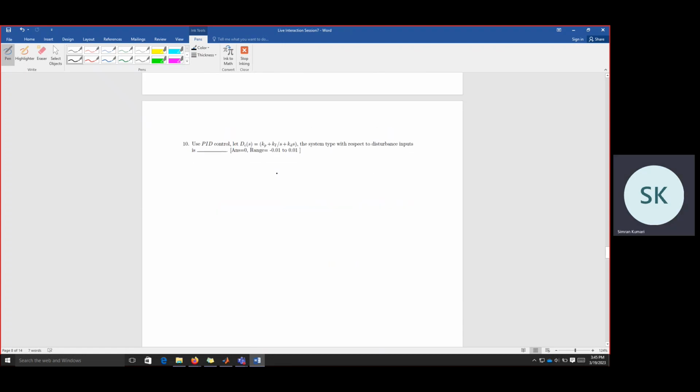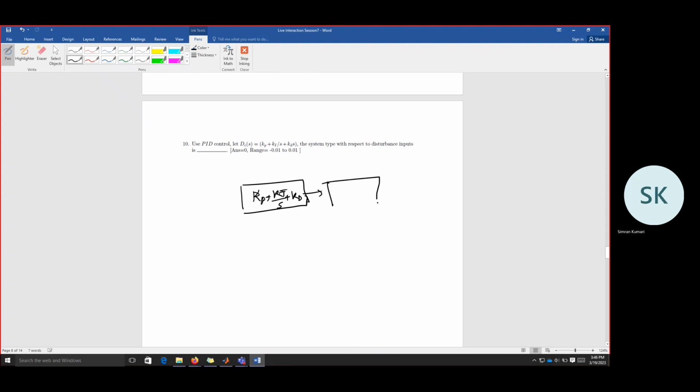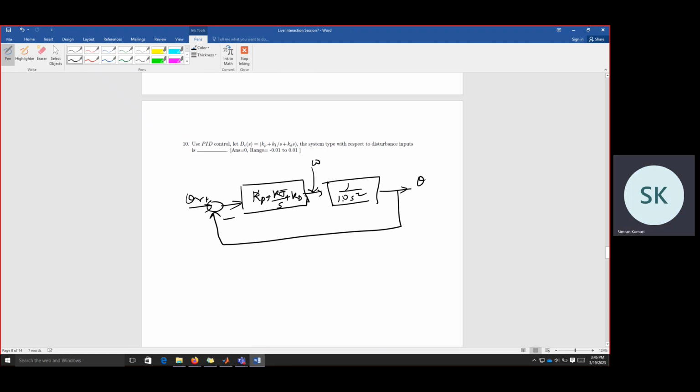So now we have this PID controller. We have seen what is the effect of PD, PI and proportional controller. Now we have this PID controller. Then we have disturbance also here.